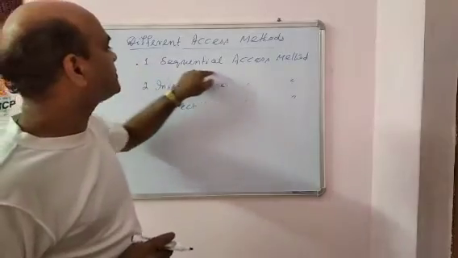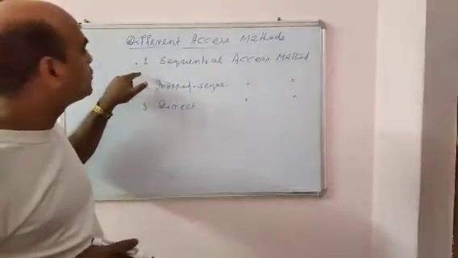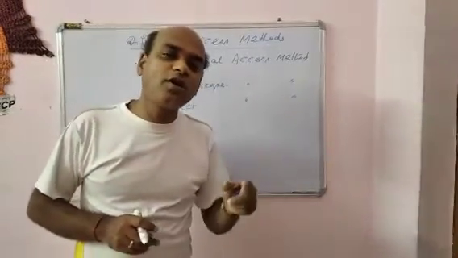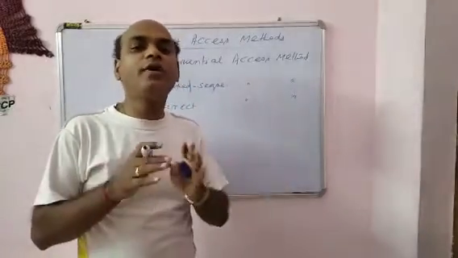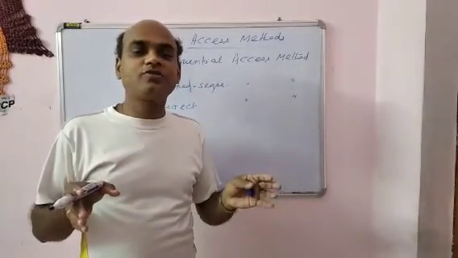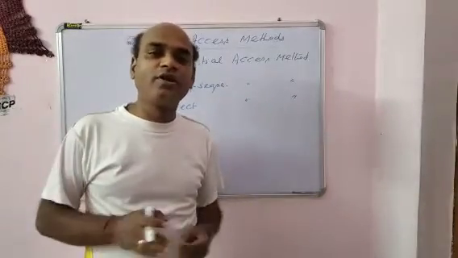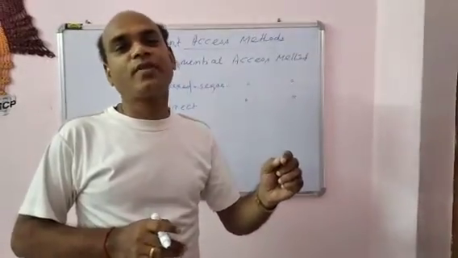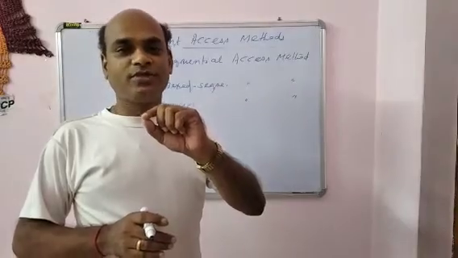In a sequential access method, every record of the file is stored in a particular sequence, in a specific order, means we store the different records orderly. That thing we have already studied, and we have also given some examples. Suppose there are 100 records and the current pointer position is 35, and we want to move to 75.